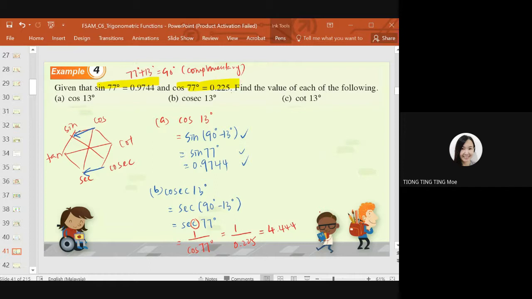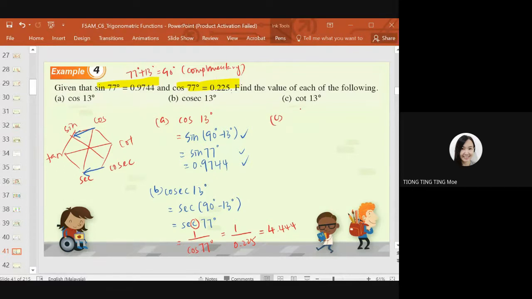Okay, 4.444. And remember, for the answer for a trigonometry ratio, there is no unit here. It doesn't have a unit because it is a ratio. A ratio has no unit. You don't put degree, don't put radian here. Okay. Good.